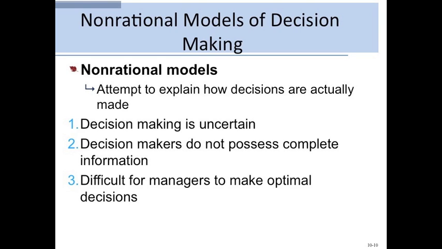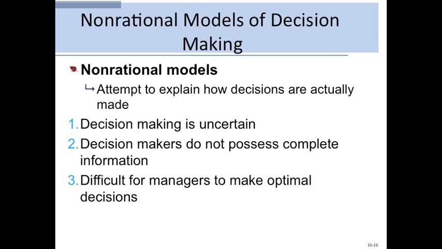That's called, in essence, bounded rationality. We don't have all the information and we can't necessarily process all the information. And it's difficult for managers to make optimal decisions. It's difficult because maybe you have some individual characteristics, again, their intelligence level, their personality, time constraints, but it can also be internal issues, the capital, the financial resources available to them, as well as something externally in the environment, the lack of information that might be available.